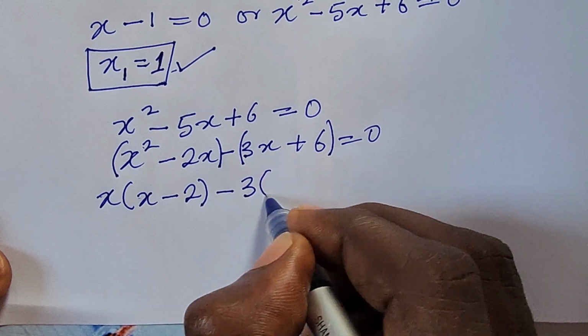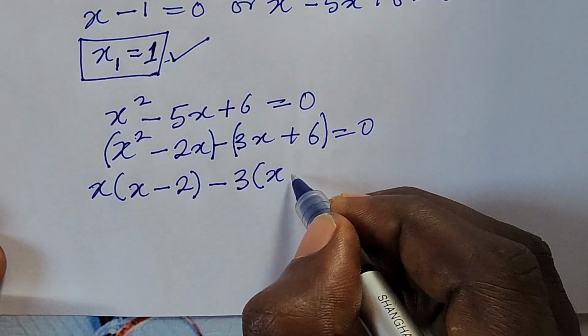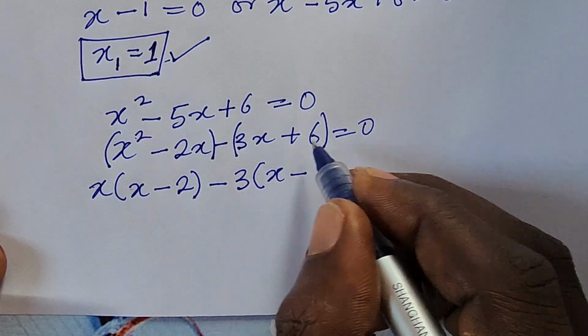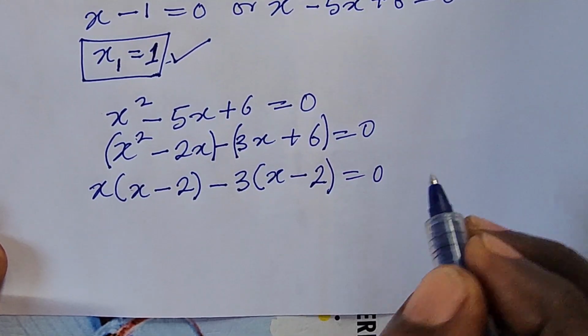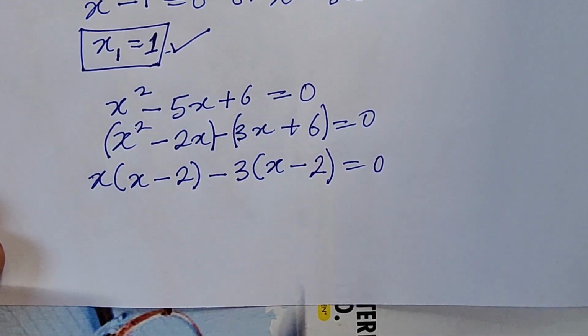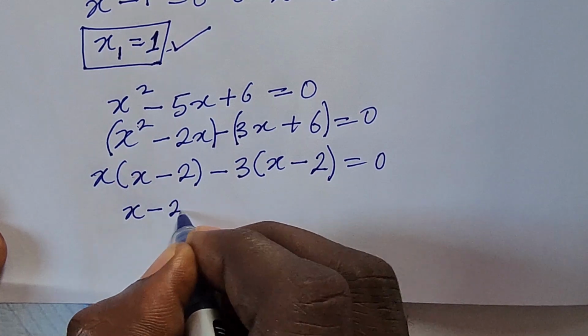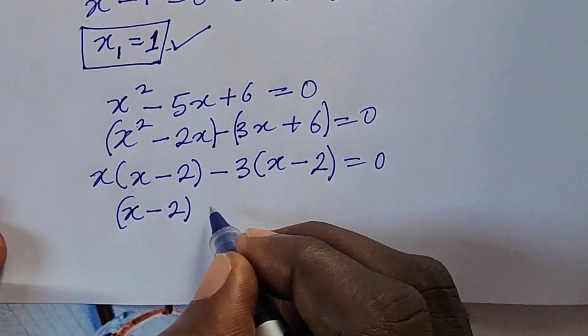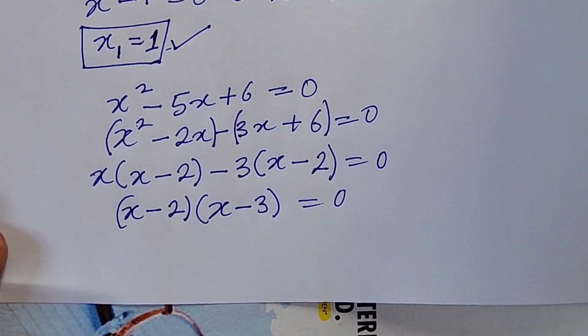So we have a 3 here, we're left with x minus 2, since dividing plus will give us a minus. So 3 into 6 will give us 2. Everything equal to 0. These are now the same. So we now have x minus 2 close bracket, bracket x minus 3 equal to 0.